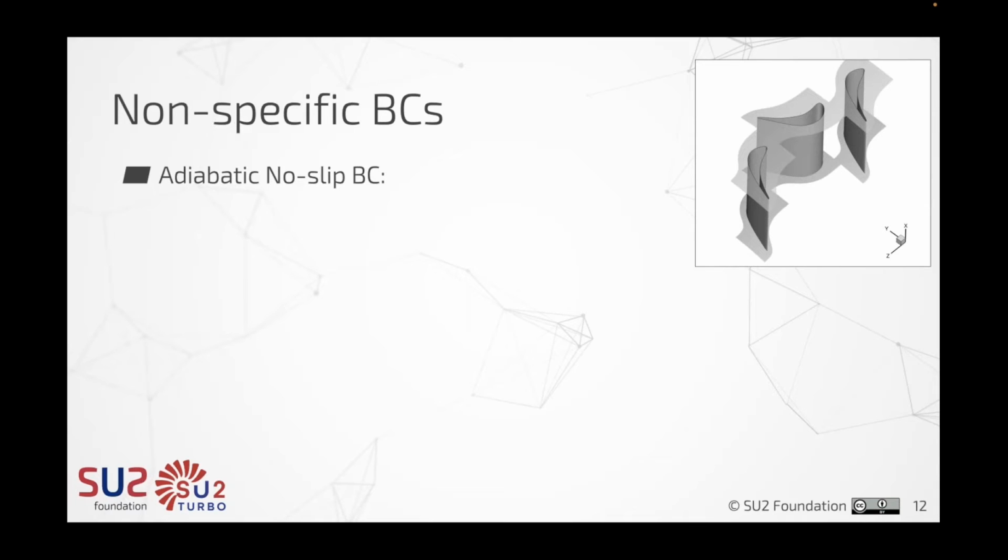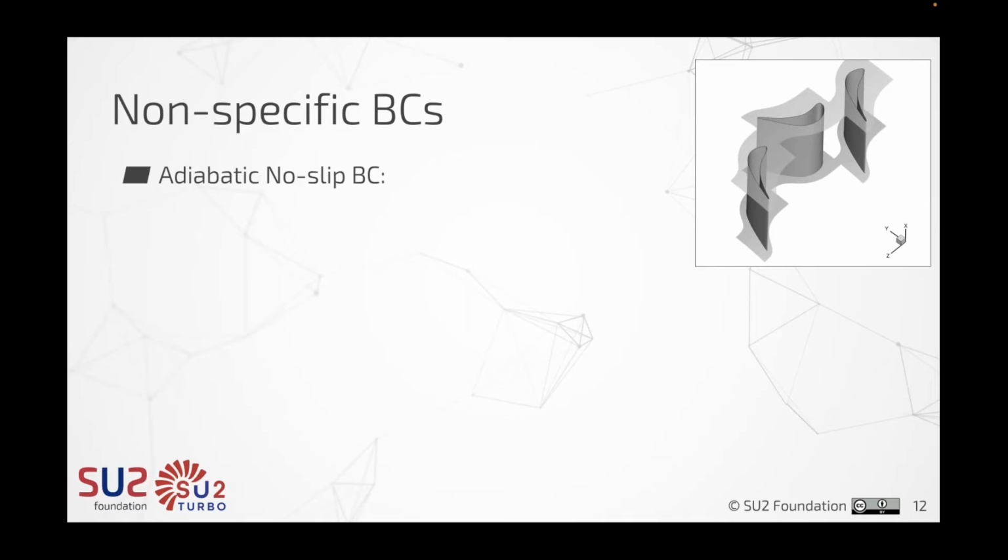And it's very common to perform a turbomachinery calculation assuming that the component is adiabatic, meaning that it doesn't exchange heat. So in a turbomachinery calculation, we will be using this boundary condition for the surfaces which are highlighted here in gray.